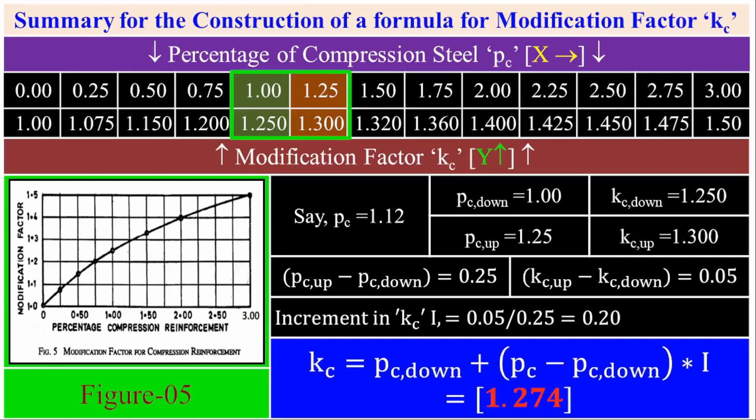This calculates to 1.274. The beauty of this method is that Excel will perform this entire calculation automatically. So, for any calculated value of PC between 0 and 3%, our Excel sheet will find the correct KC value automatically, just by applying this interpolation logic.